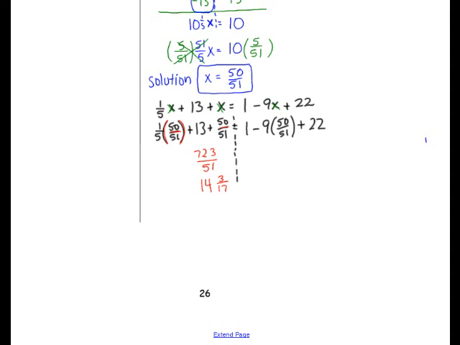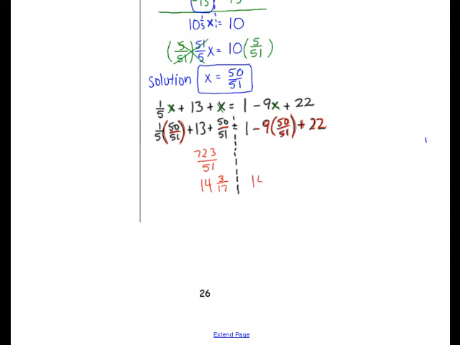Press clear and calculate the right side of the equation. So we have 1 minus 9 parentheses 50 ABC 51, close your parentheses, plus 22, and press equal.